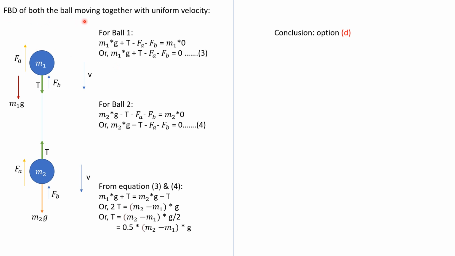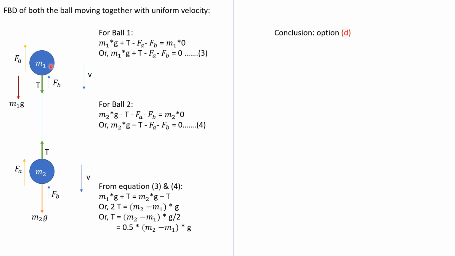Free body diagram of both the balls moving together with uniform velocity, because the question says that after sufficient time both the balls were moving with uniform velocity, and during which the thread was tight, right? So you can see the free body diagram here.